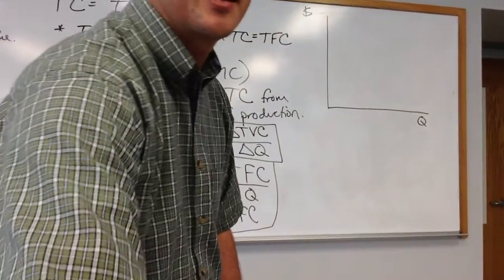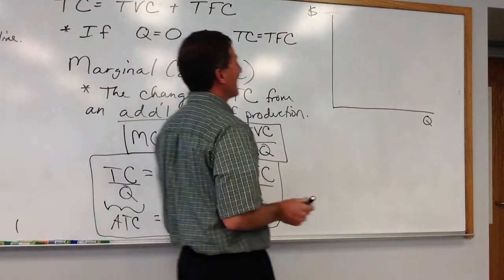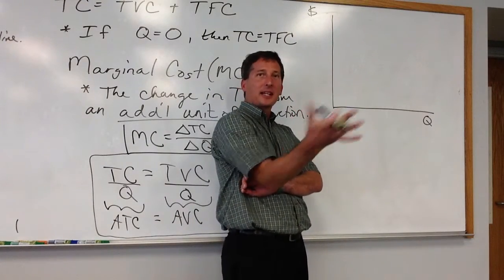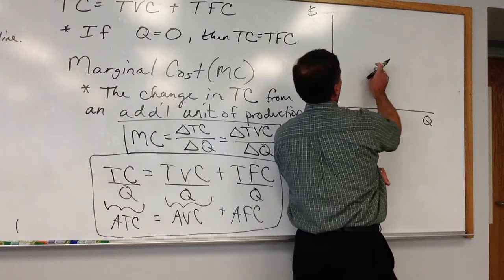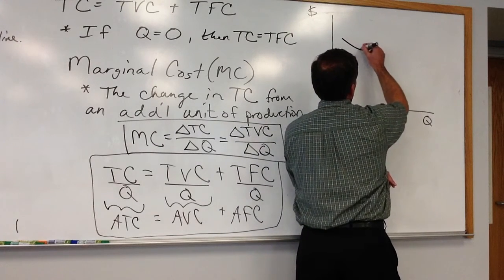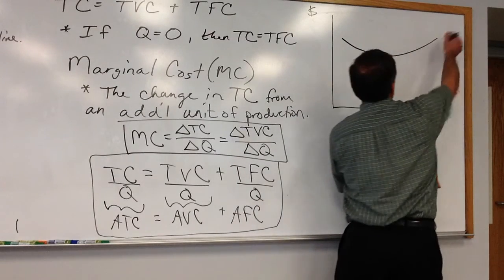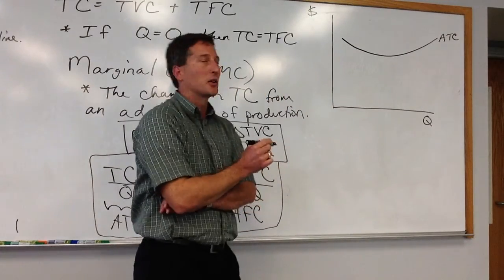Okay, so here's how they look. This time I'm just going to give it to you and then we're going to explain it backwards. So the average total cost curve is kind of a bowl-shaped curve. So go ahead and just draw a bowl-shaped curve.